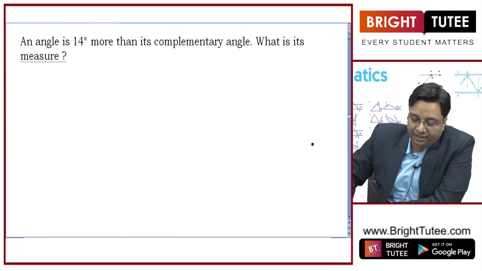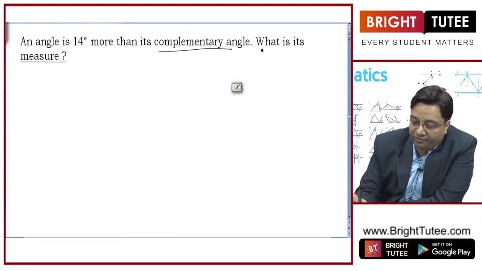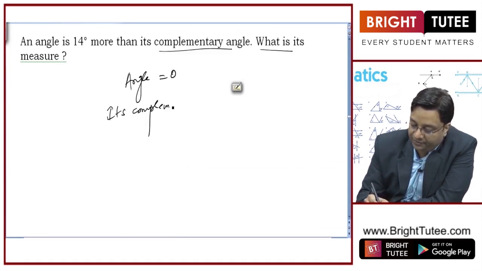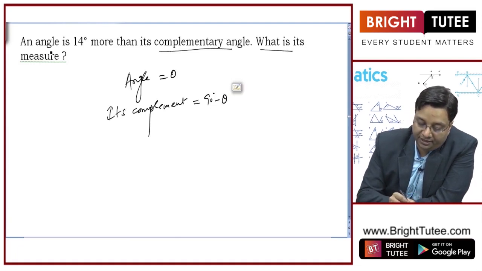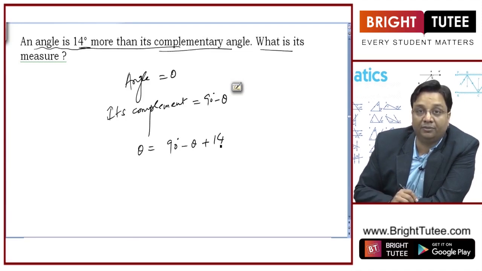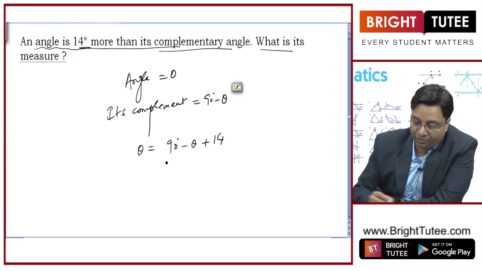An angle is 14 degrees more than its complementary angle. Find its measure. So let the angle be theta. Its complement will be 90 minus theta, right? And this angle is 14 degrees more than its complement. So let us put it in equation form.